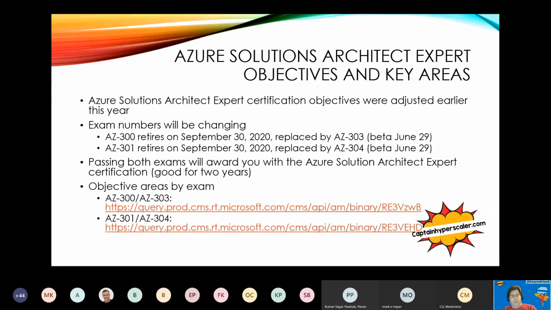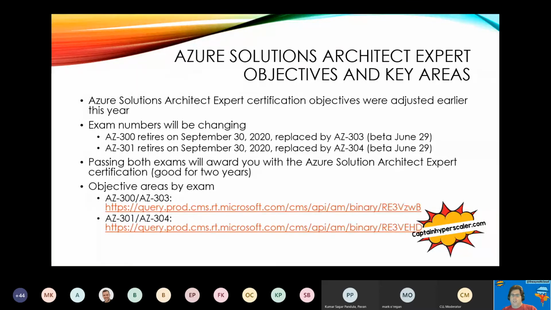And then the links here for the key objective areas. One of the nice things that Microsoft's done is, if you go to these links, it will show the objectives of 300 with the changes to it for the 303. It's really not a whole lot of changes, and we'll go through the objectives for the 303 and the 304. The key areas have not changed really. They've made some adjustments, maybe taking some non-Azure, like third-party areas out, and putting in some newer Azure specific services.